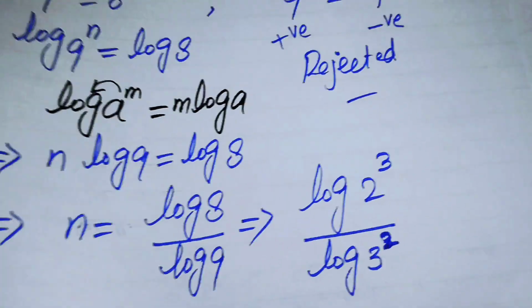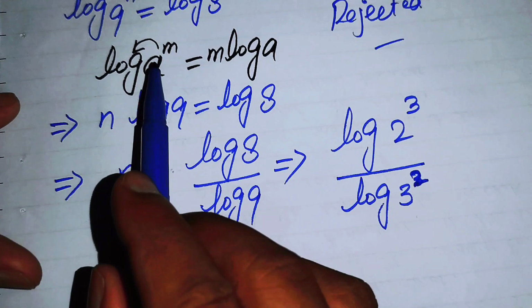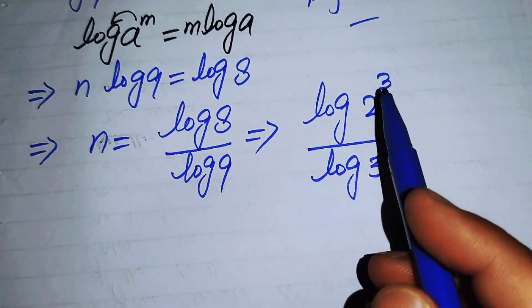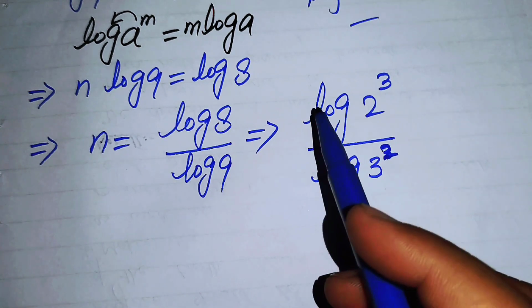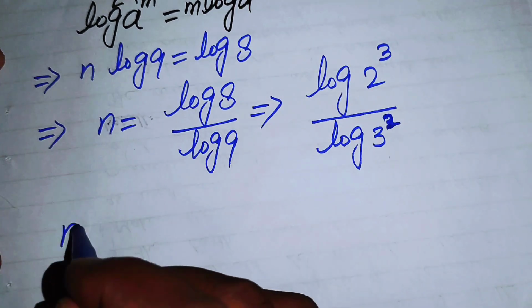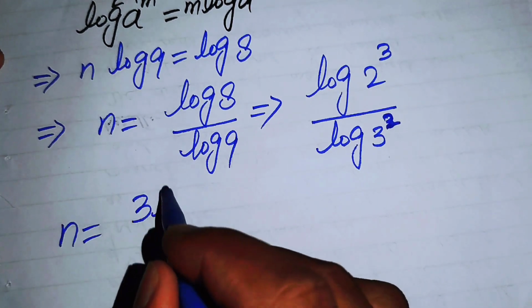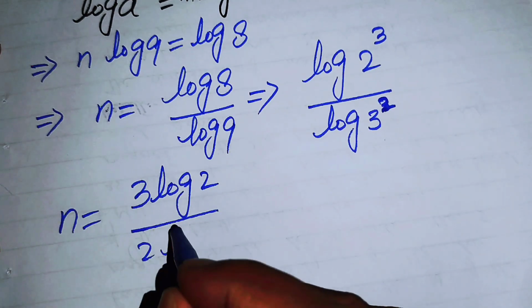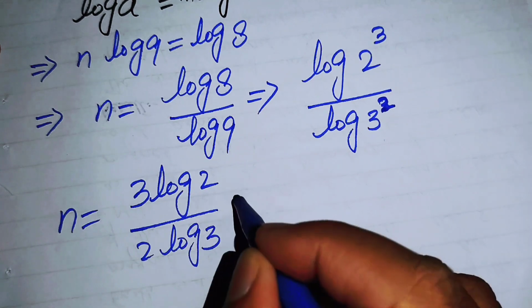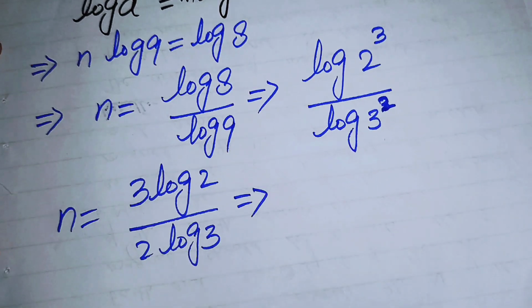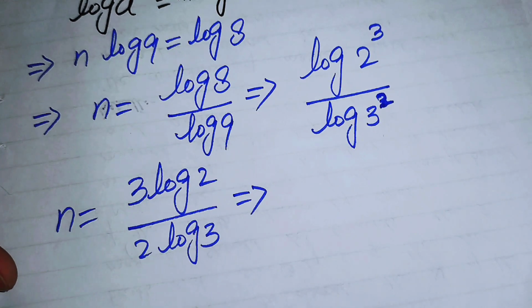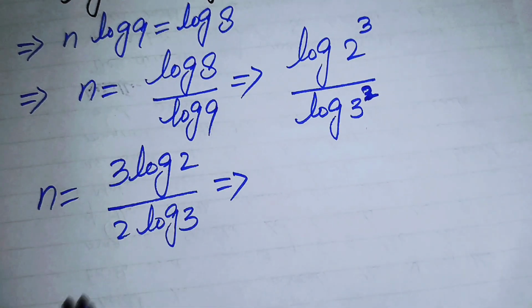We again apply this property of log and move these exponents in front of the log, and you get n is equal to 3 times log 2 over 2 times log 3. Here you can just use a calculator or logarithmic table in order to find the values of log 2 and log 3.